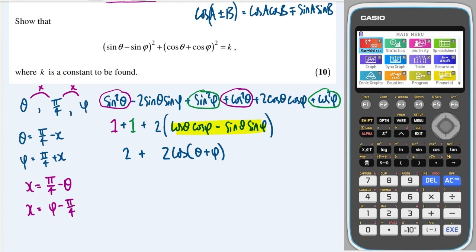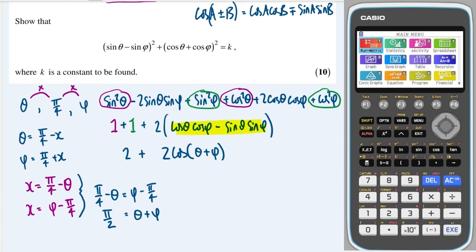And because these are both equal to x, I can set them equal to each other. So pi over 4 minus theta is equal to phi minus pi over 4. And then rearranging this, so I can get theta plus phi on this side and add pi over 4 to that side, so 2 pi's over 4 makes pi over 2.